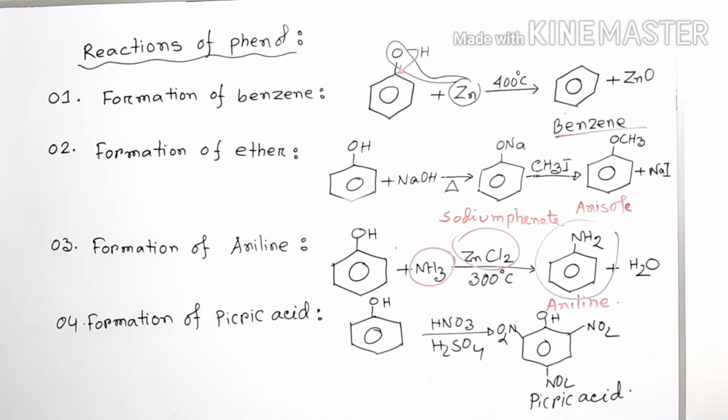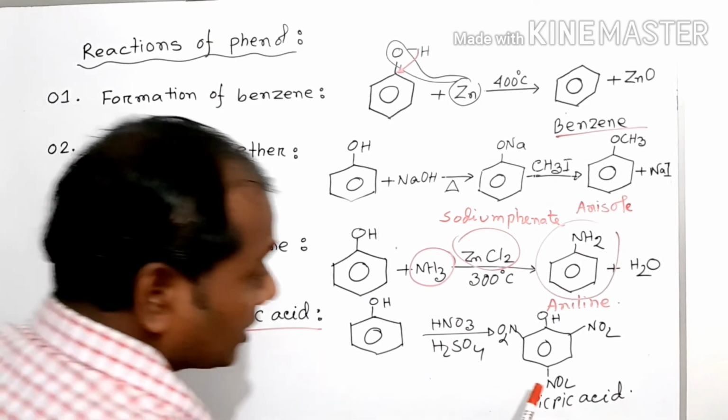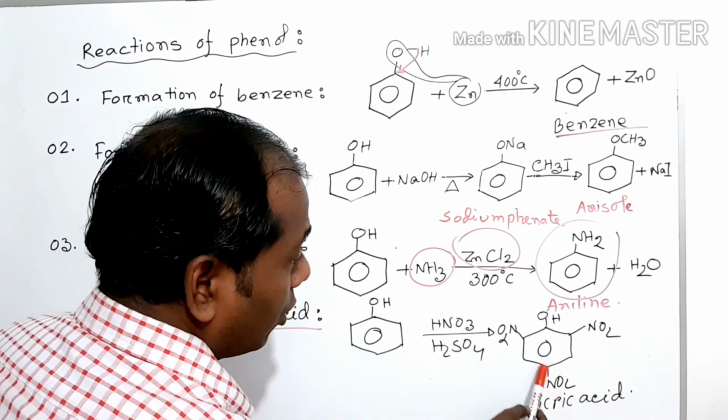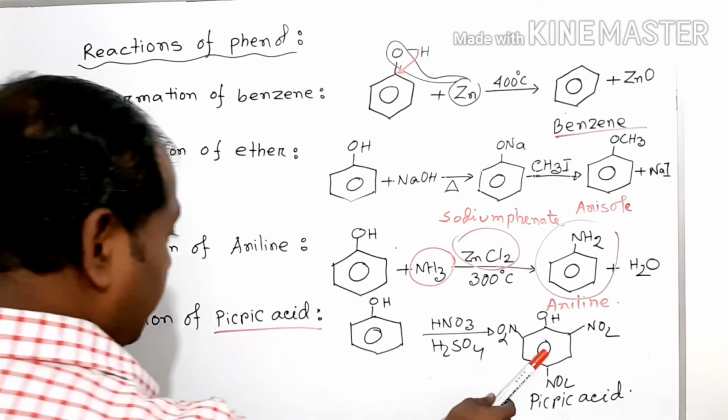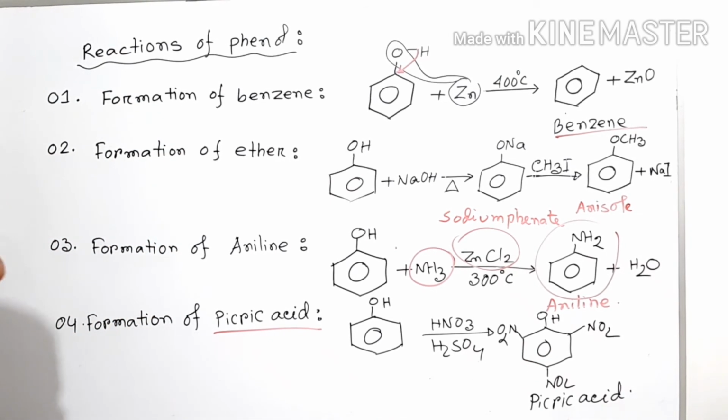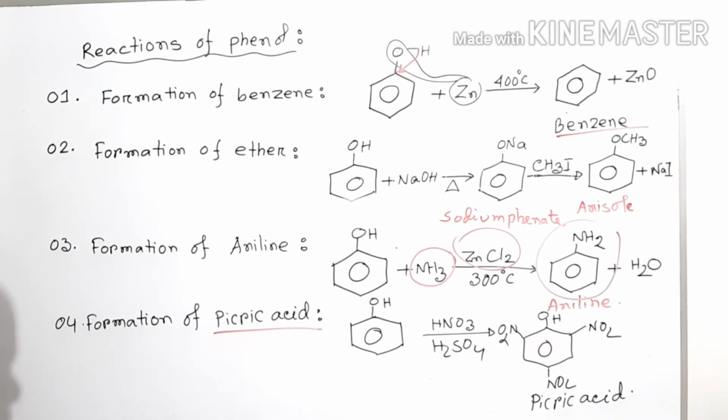And now, formation of picric acid. What is picric acid? This one is picric acid, 2,4,6-trinitrophenol. This picric acid is used for making explosive.